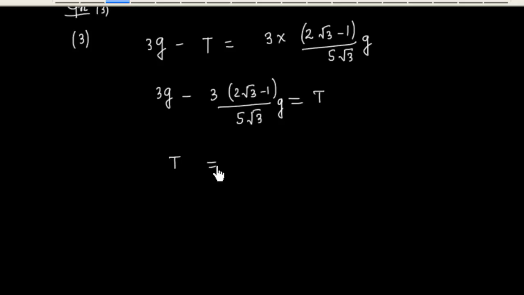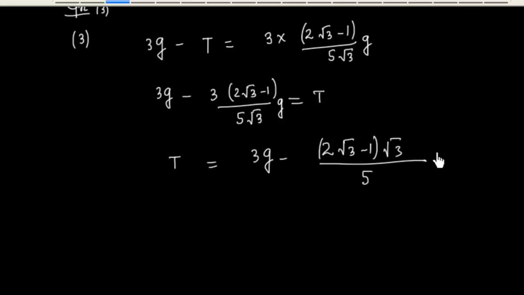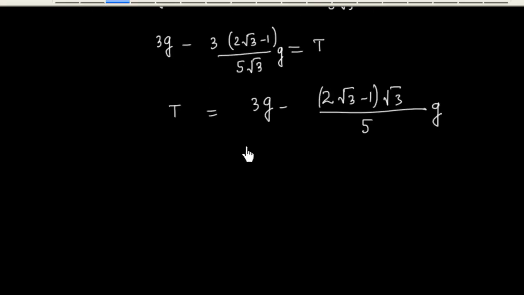So t is equals to, if I take 5 root 3 as LCM, or we can basically cancel this, so 3z minus, so same thing can be written as 2 root 3 minus 1 into root 3, because root 3 and 3 cancels out, divided by 5 is equals to t, and this multiplied by z.